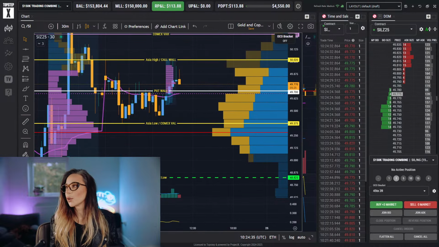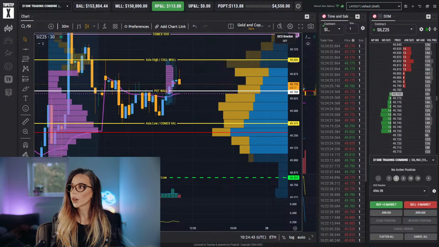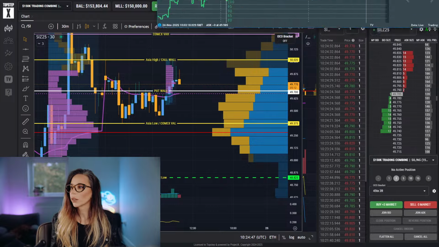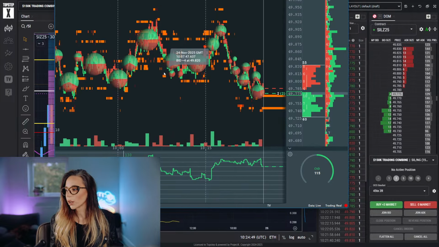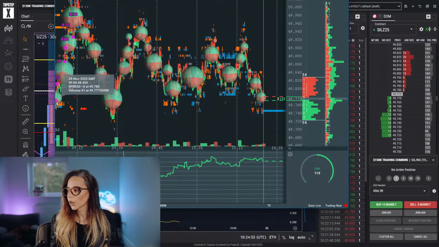Okay. So when we're talking order flow and tape, there's no doubt that, for example, if I show you this, and if we scale out, look at these guys here.